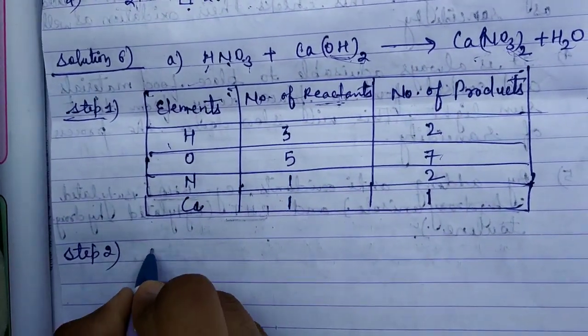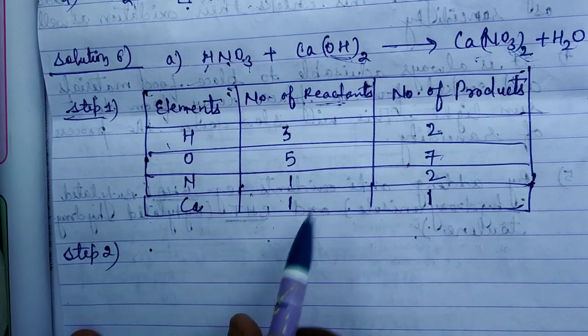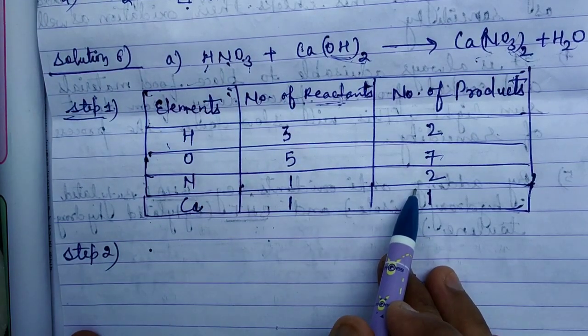Step 2. In this step, equate the number of nitrogen atoms first.